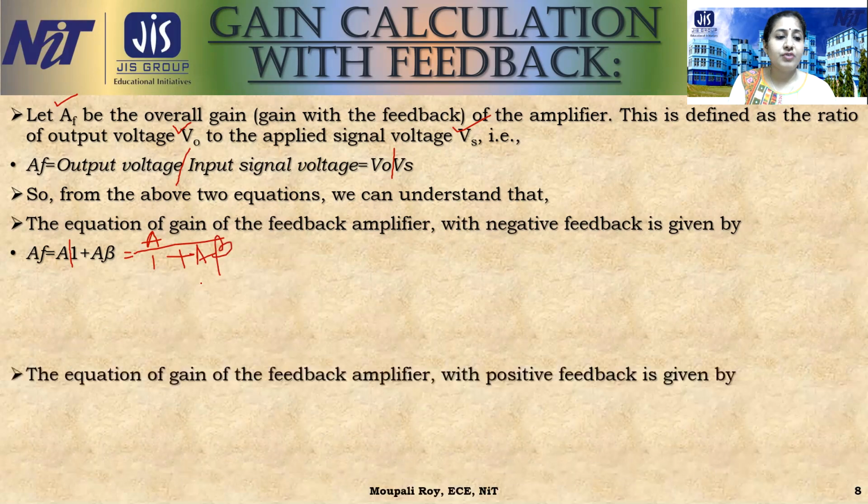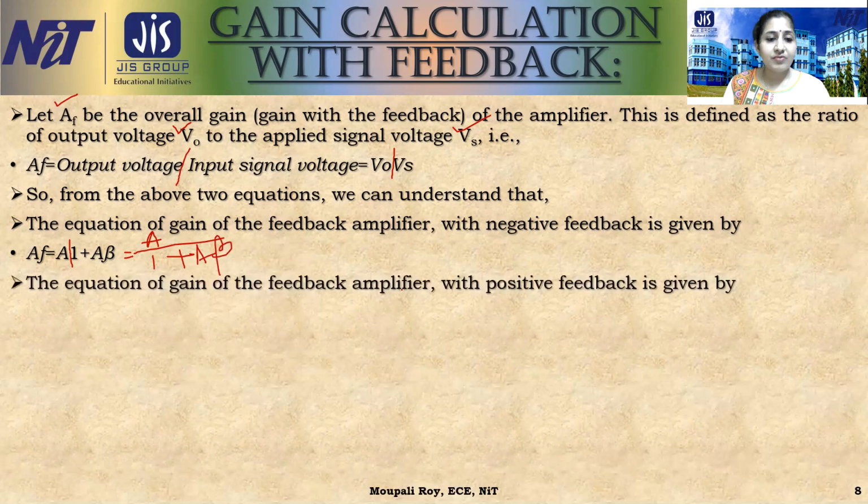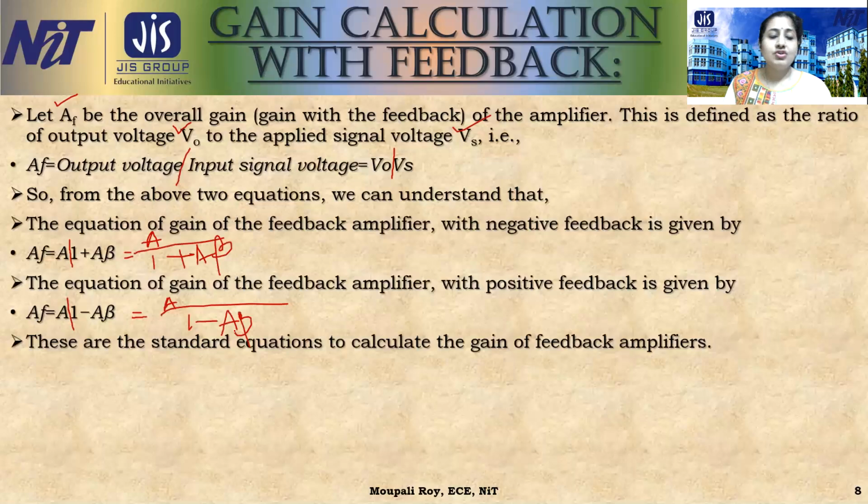That is the equation for AF. For positive feedback, the gain is A by 1 minus A beta. So this is the standard equation to calculate the gain of a feedback amplifier.